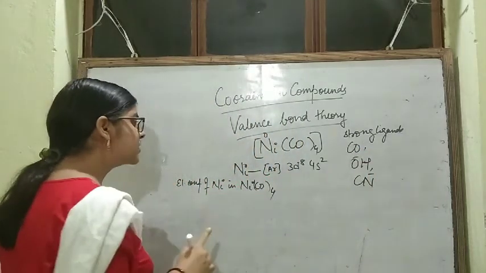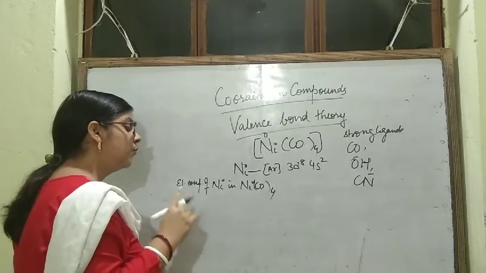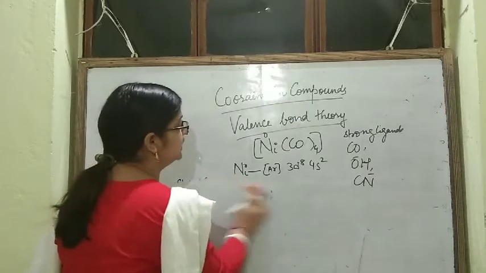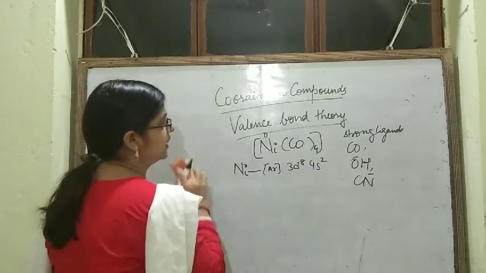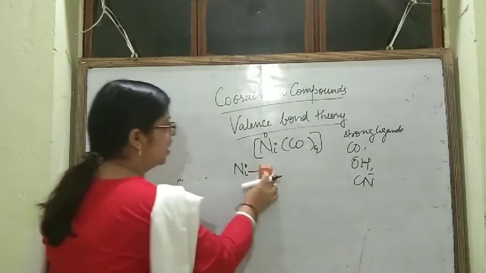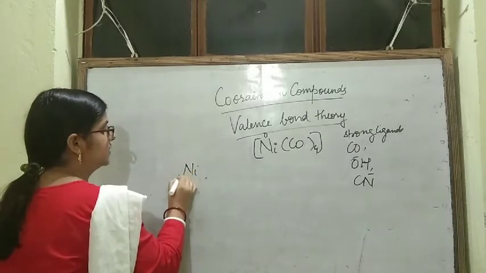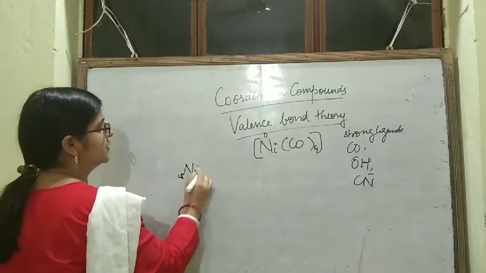So, we are writing the configuration of nickel, 3d8 4s2. How are the electrons placed in nickel? Nickel is 28.